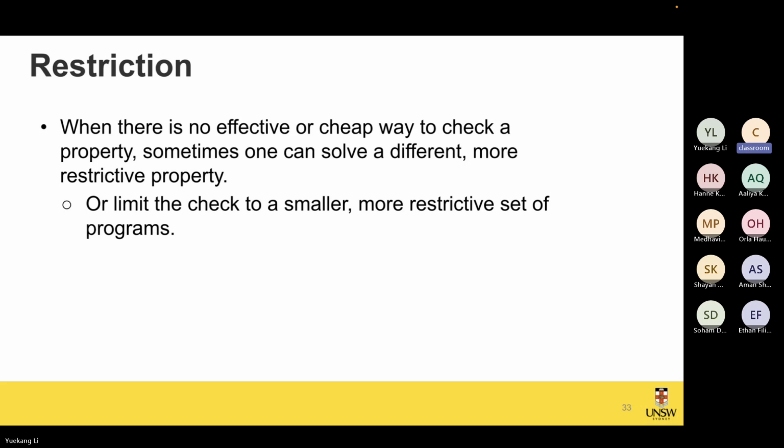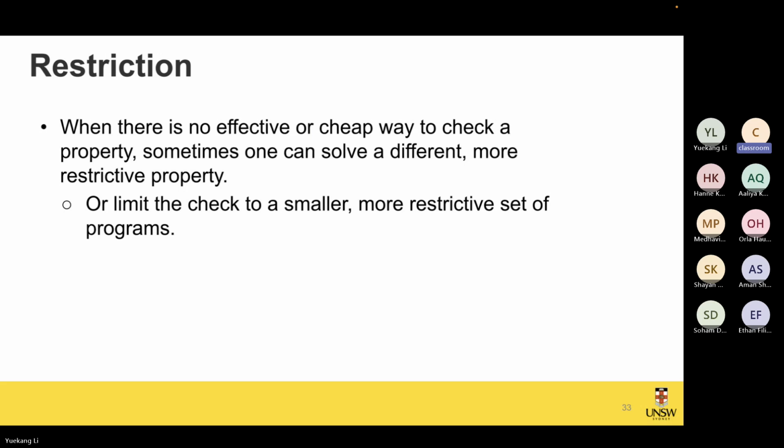And here, the third principle is restriction. Restriction is actually more related to analysis than software testing, but since it's one of the six principles, we also introduce it here. Restriction means that sometimes a piece of program could be very hard to check or inspect.